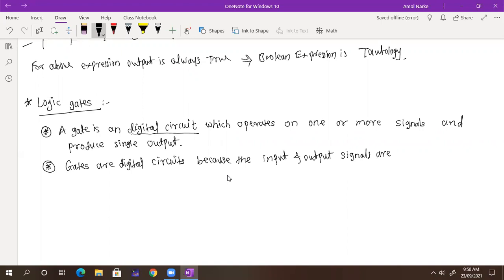denoted by either one. What does one stand for? One is nothing but high voltage, or zero, that is nothing but low voltage.